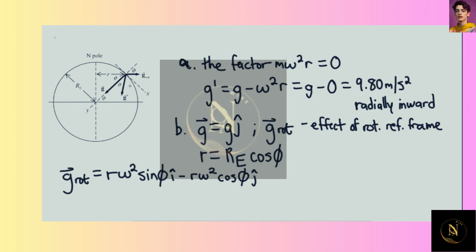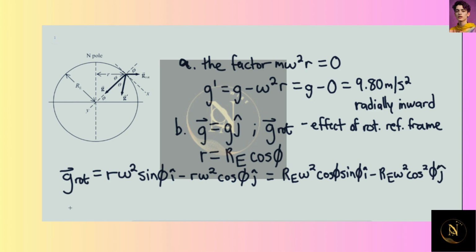Again, we're getting this from the diagram. And this would equal the radius of the Earth, omega squared, times cosine of phi sine of phi i hat, minus the radius of the Earth, omega squared, cosine squared of phi j hat.